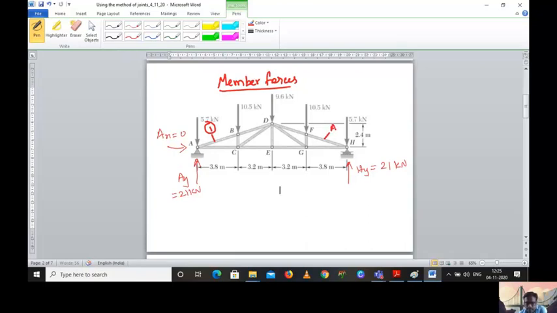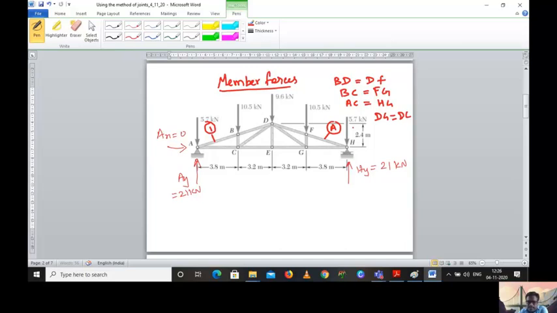Similarly, the force acting on BD will be equal to DF, the force on BC will be equal to FG, the force on AC will be equal to HG, and the force on DG will be equal to DC.